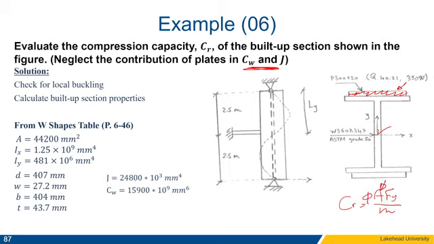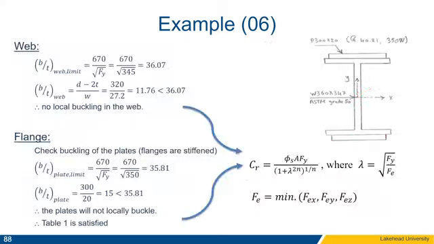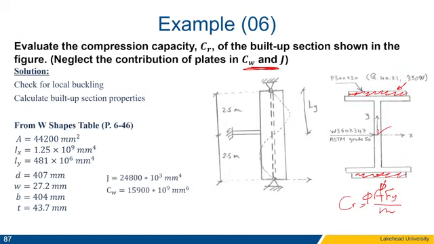The cross-sectional area will increase because you added the area of those 2 plates. So the first step is to check the local buckling, and after that we will consider the properties of the combined I-beam with the 2 plates.